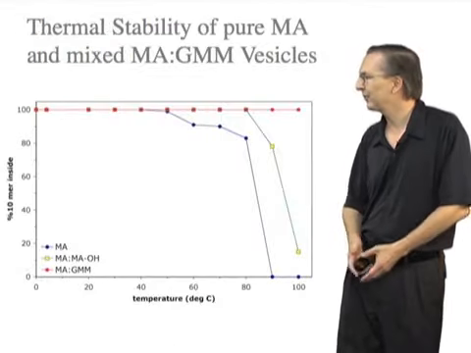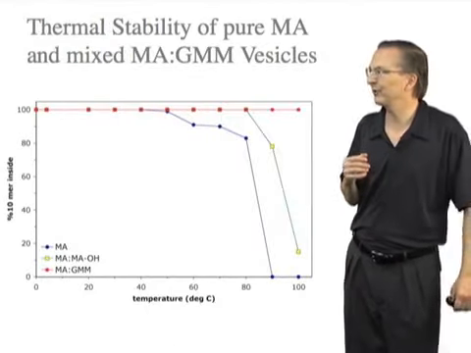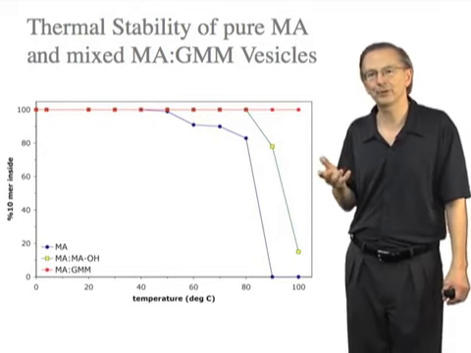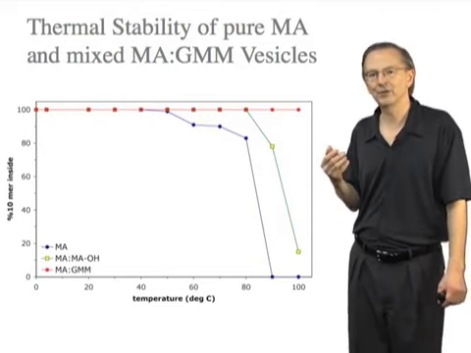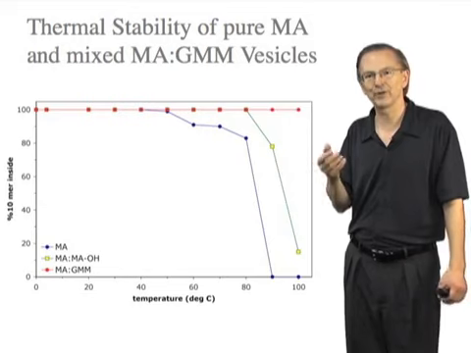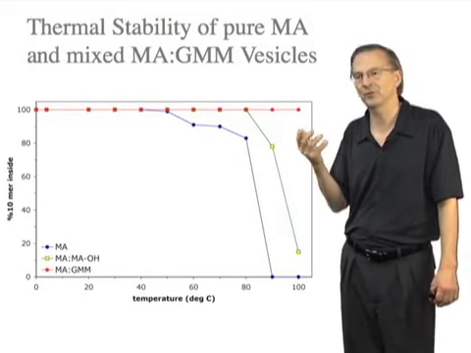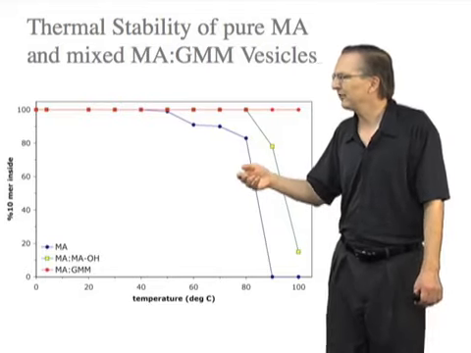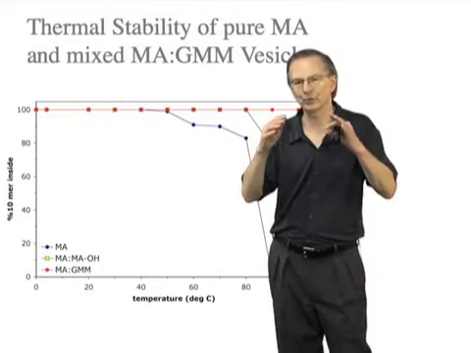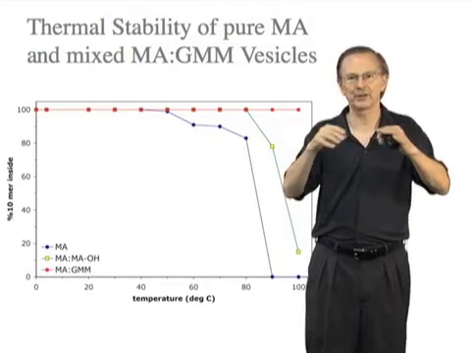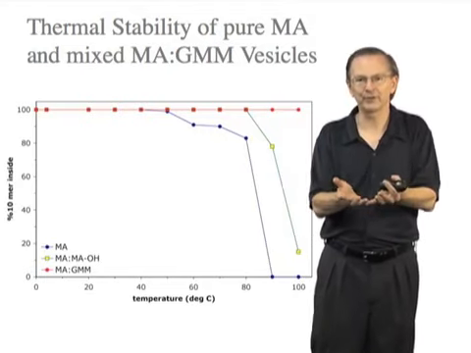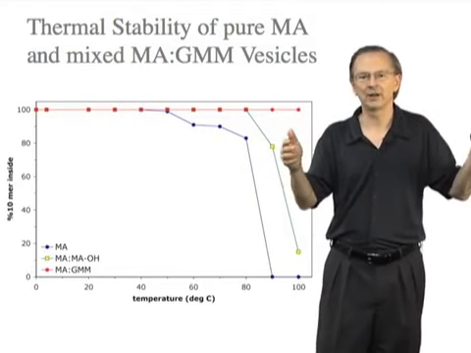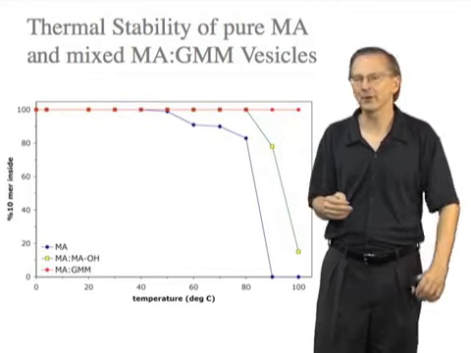And so this slide simply illustrates an experiment to look at the thermostability of some vesicles made from a pure fatty acid as opposed to mixtures. So in this experiment, what we've done is to encapsulate a short DNA oligonucleotide within vesicles and watch it leak out over the course of about an hour.